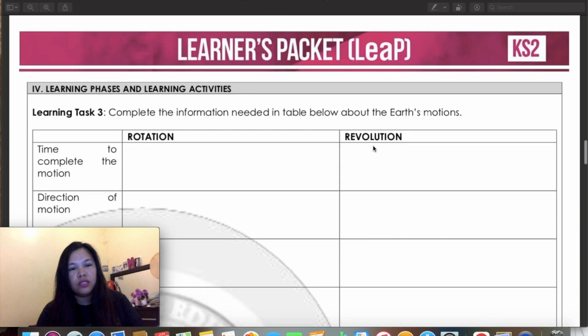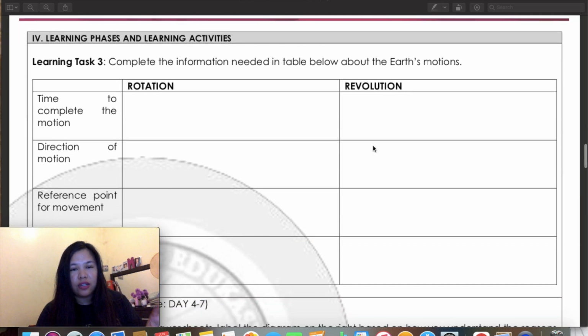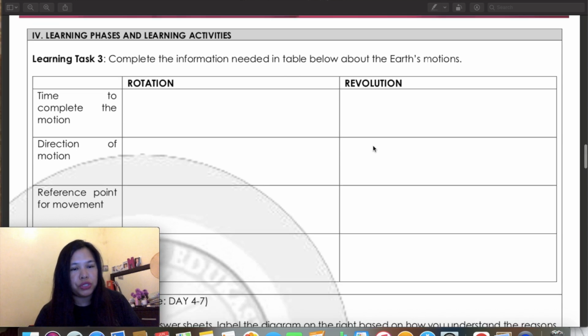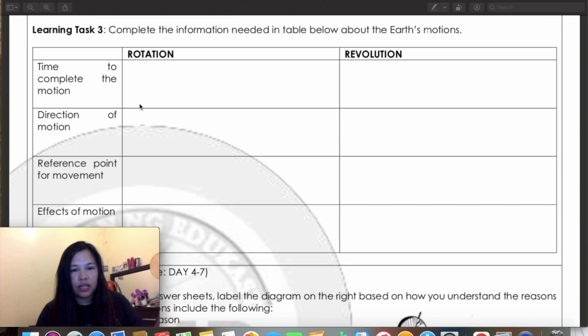In our learning test 3, complete the information needed in the table below about the Earth motion. So, there are 3 columns. In the first column, time to complete the motion. When we say time, oras yan. Or day, or something ganyan. Basta it is a matter of numbers. And direction of motion, it's a matter of motion.